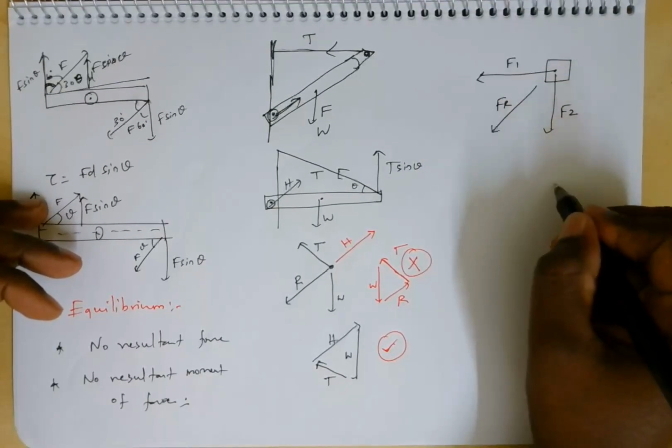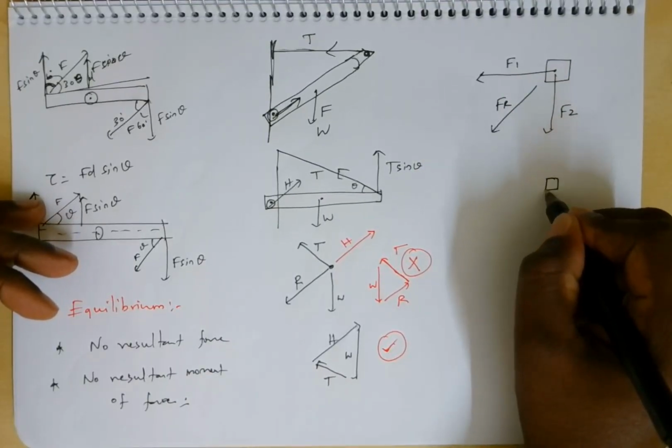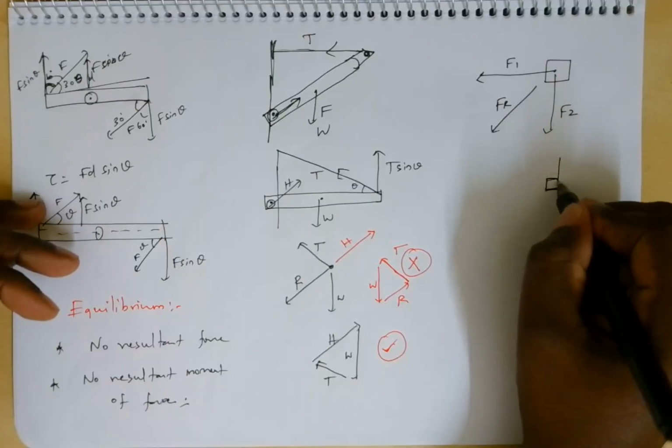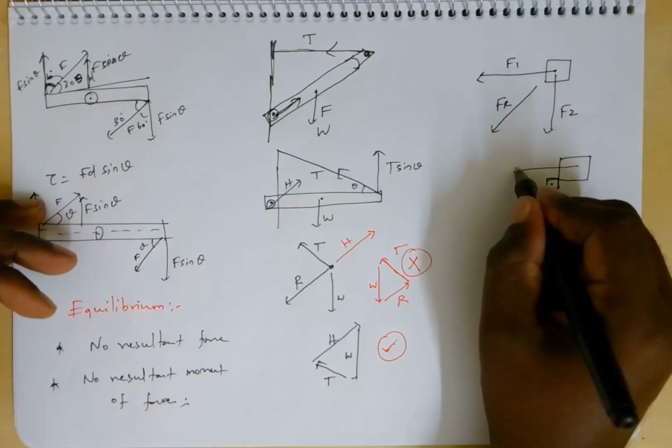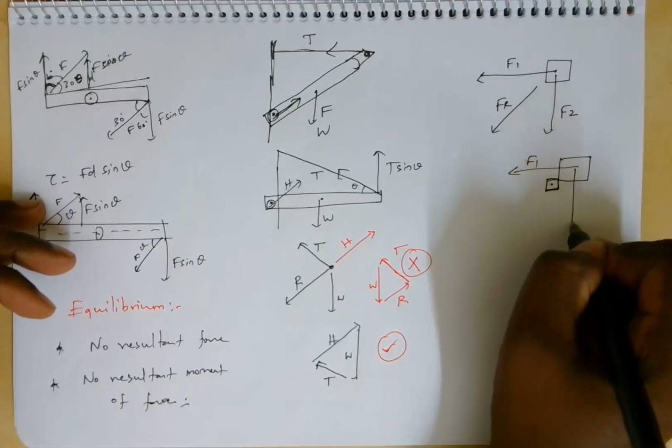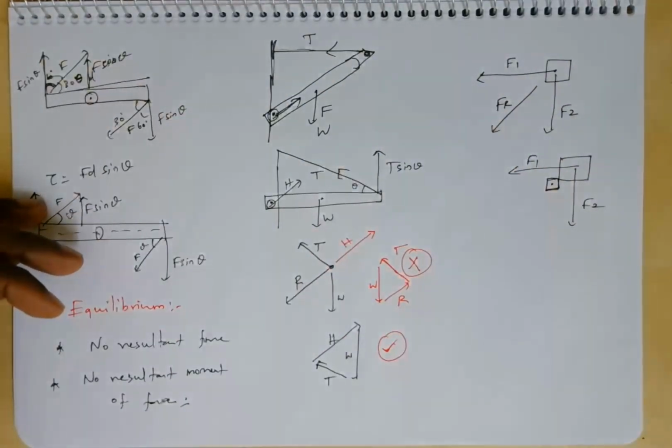Now let's say that there is a hard pole here and the box is here. This is a concrete pole. It will not move. Now here is the same F1 and F2. Will the object move? In the second case, it is in equilibrium. What is the difference between the first case and the second case?